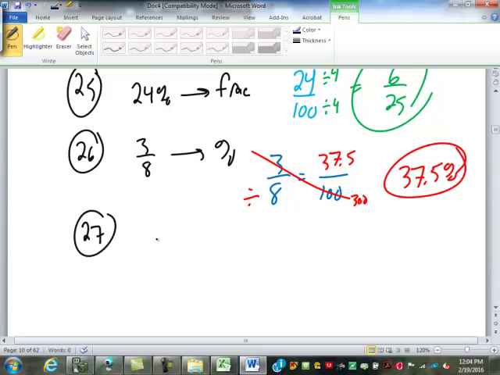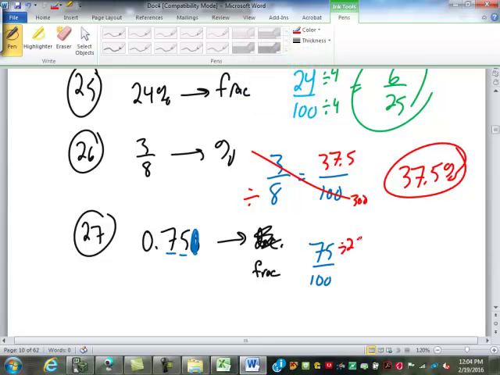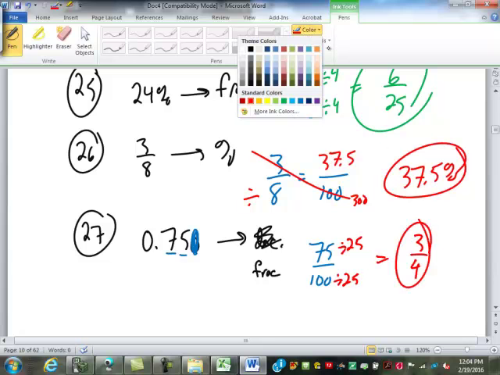27, convert 0.750 to a decimal, or not to decimal, to the fraction, I should say. Well, we don't need the 0 on there because that doesn't mean anything. So we read that as 75 hundredths. Both of those can be reduced by 25. I don't think anybody had that one wrong.